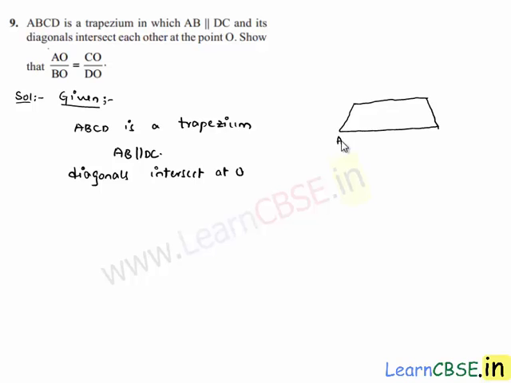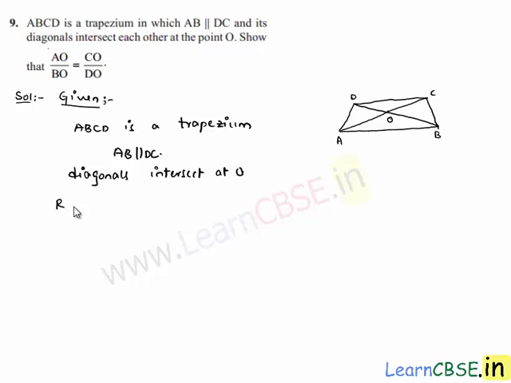That is trapezium ABCD in which AB is parallel to CD and AC and BD will be our diagonals which intersect at O.